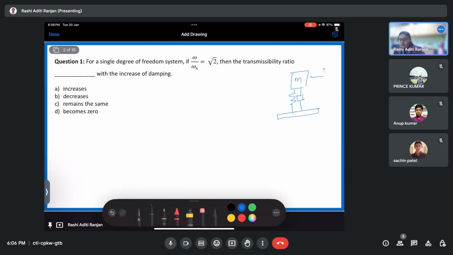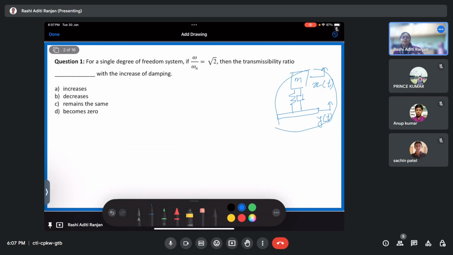And this mass shows the motion x with time, while this base is also moving with time as y of t, correct? So in this case, we define the transmissibility ratio in order to define how this mass m is going to show motion with time.